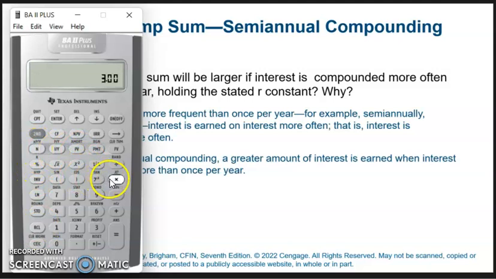Now we're going to change N. So N is going to be 3 times 12, 3 years monthly, 36. 36 N. Now IY is 10 divided by 12. It's a monthly rate. So 0.83. Important thing here, 0.83, I guarantee you this number goes on probably forever.